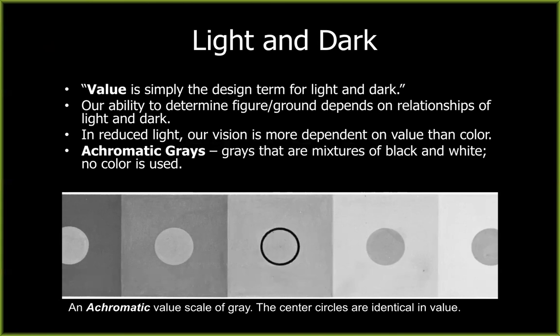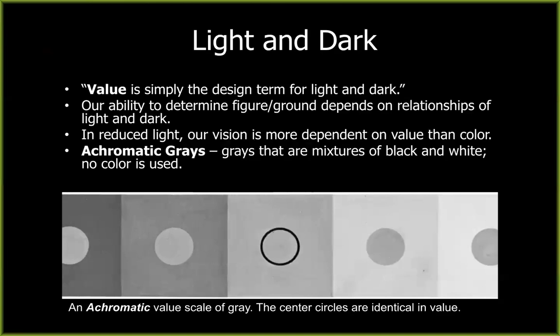Here we have a value scale of gray, and you can't see the bottom of it, but this is a value scale, and there's a longer version in your book. It just shows a few mixtures of black and white to make various shades of gray.